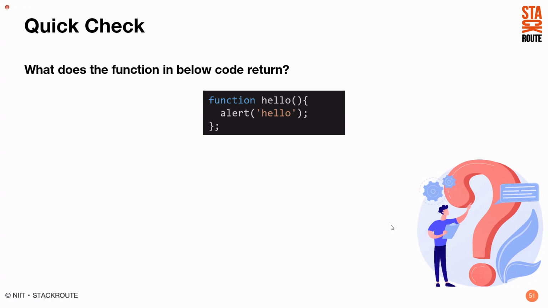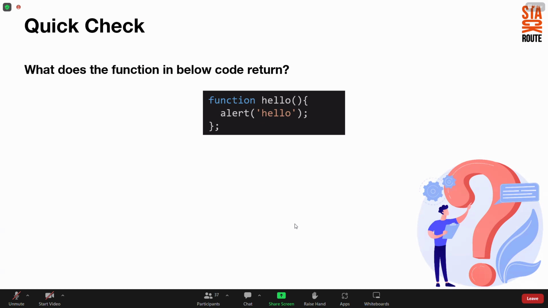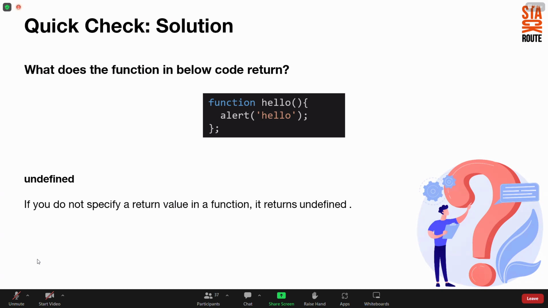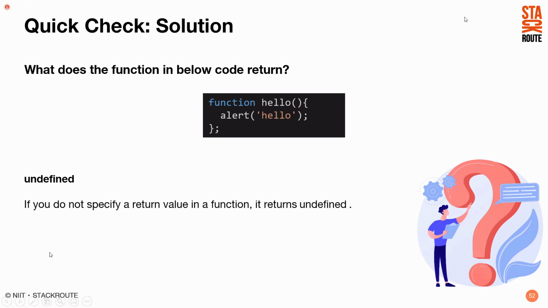If it is not defined, what would be the type of value in JavaScript? Think and answer me. I have not defined. In such a situation, we will get the output as undefined.